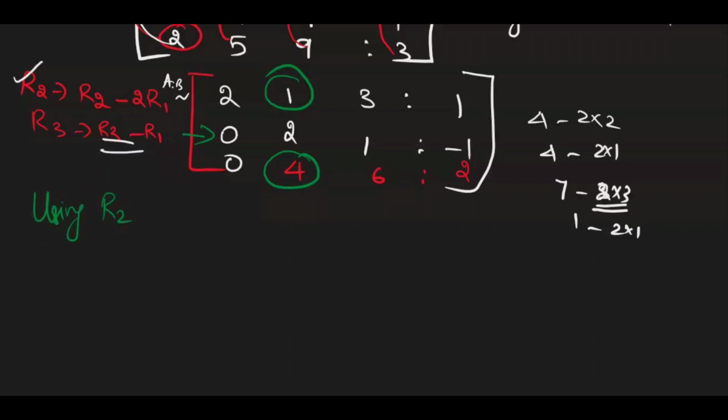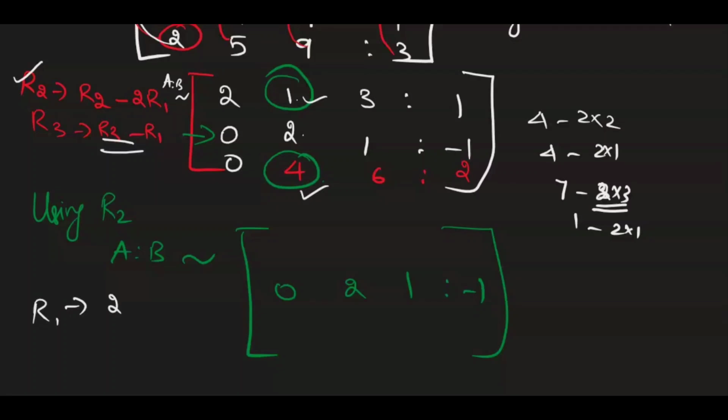So using R2, I'm going to make the elements below the diagonal and above the diagonal of row 2 as 0. Since I am going to fix R2, first you write R2 to avoid confusion. And then you are going to make the 4 as 0, right? So what you will do? R3 goes to, and then R1 goes to. This is how we are going to write.